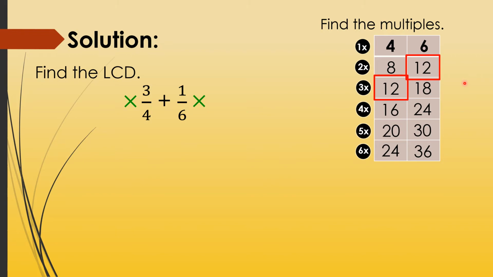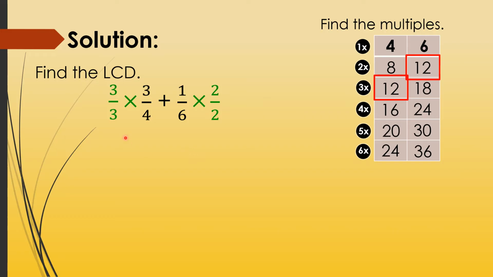So, we will now multiply the two given fractions into the multiples. So, since dito sa 4, nakuha natin yung 12 into multiplying 4 by 3, so magiging 3 over 3. And then, yung 6, since nakita natin yung LCD niya sa 2, imumultiply natin ang 1/6 sa 2 over 2.